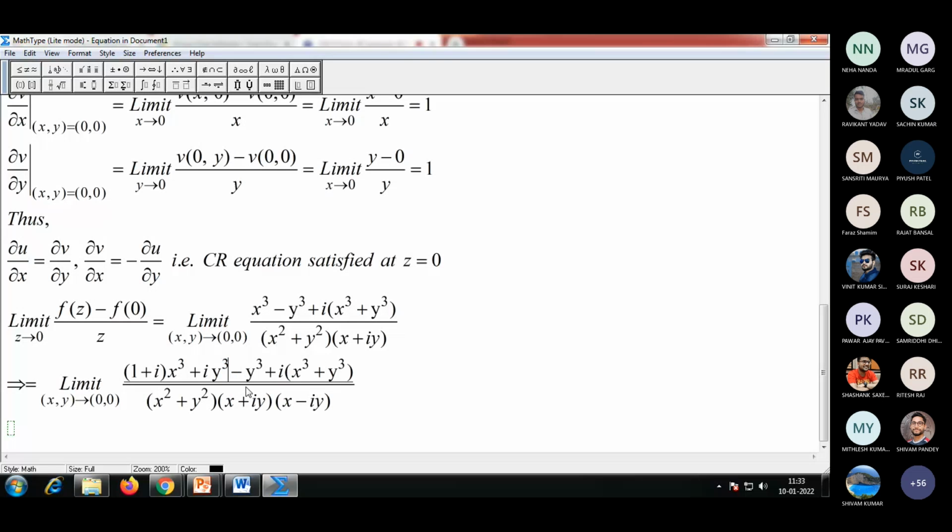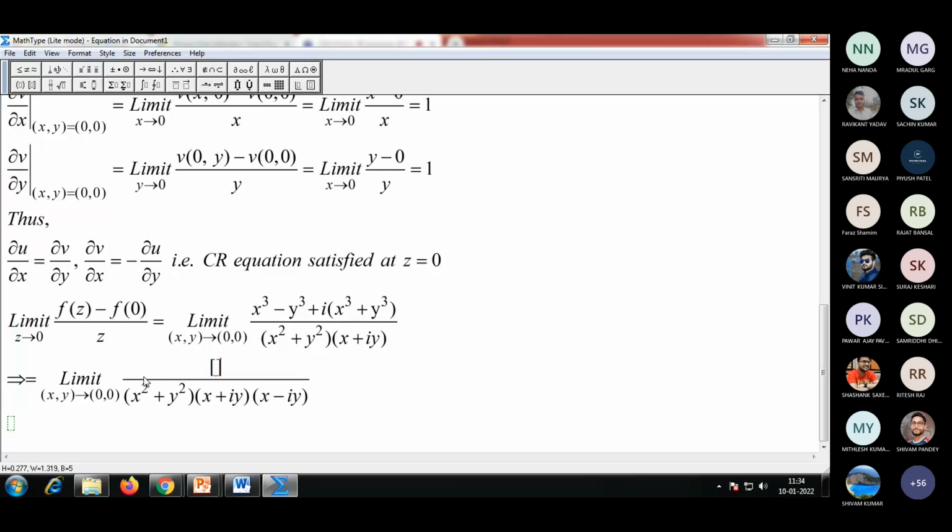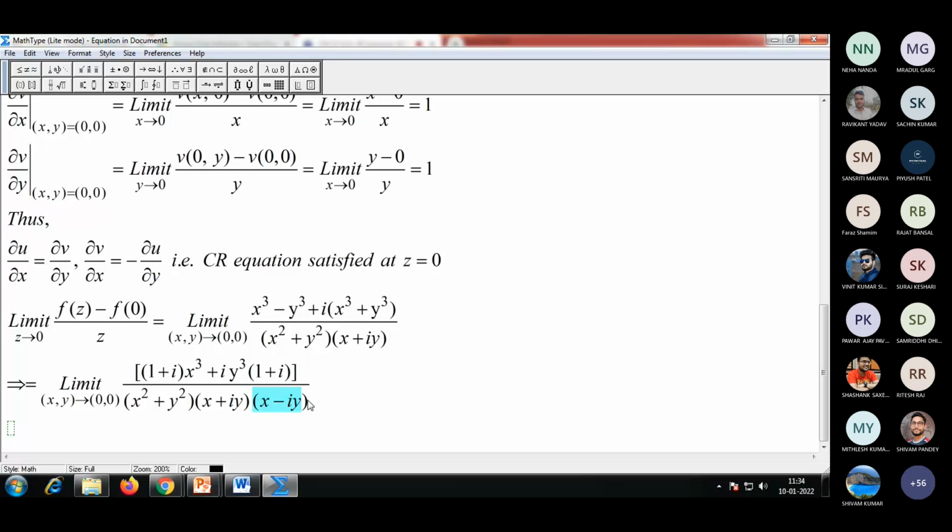Then here becomes 1, and then 1 plus i, please check it, because i into i equals i square, minus 1. And then this whole is going to multiply by the complex conjugate, because we have done the multiplication in the denominator.